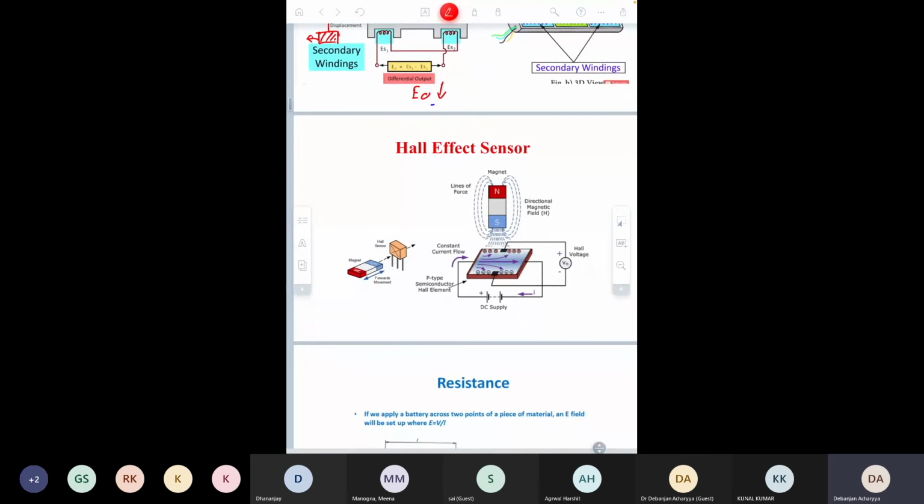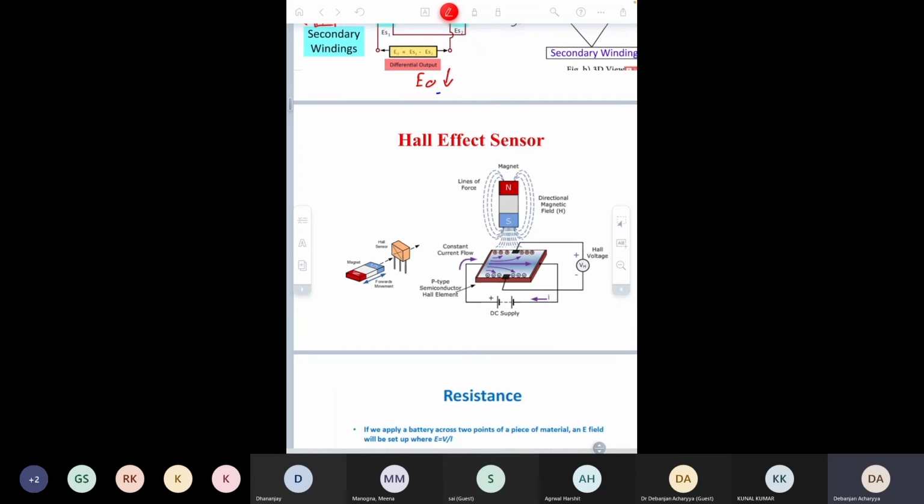So this Hall effect sensor: Hall effect means if there is a current-carrying conductor, so this is the conductor, and this is the current flowing, and if you put a magnetic field which is perpendicular to the current flow path, so this is your current flow path I, and you are putting a magnet which is perpendicular to this direction, this is B, then a voltage is generated in the current-carrying conductor, and that voltage is known as the Hall voltage.